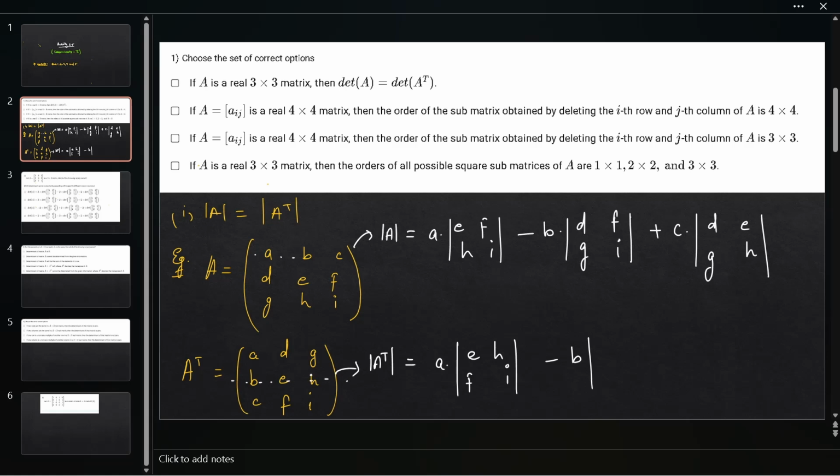Just eliminate this row, eliminate this column, and I'll be left with DGFI, plus C times, eliminate this row and this column, and we are left with DGEH.